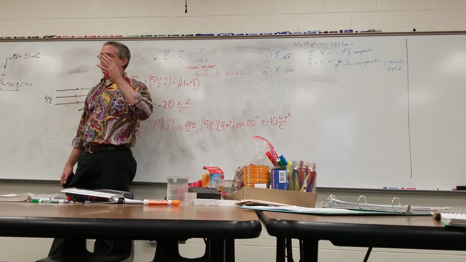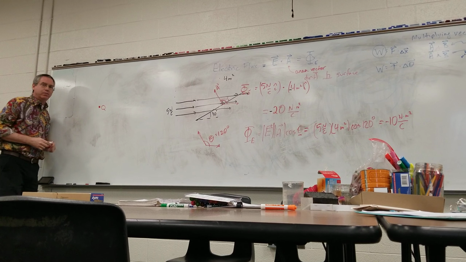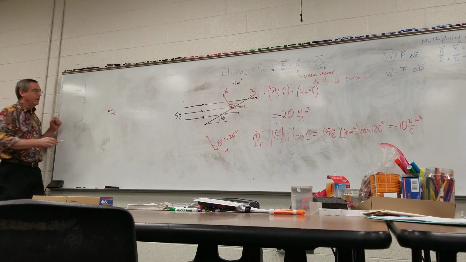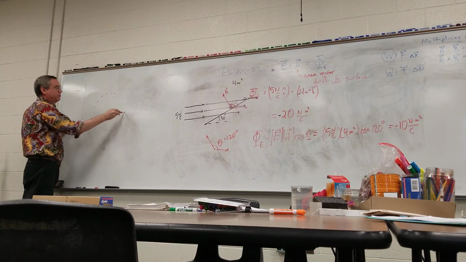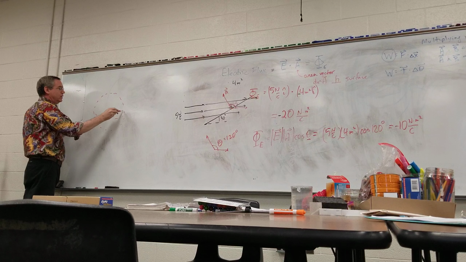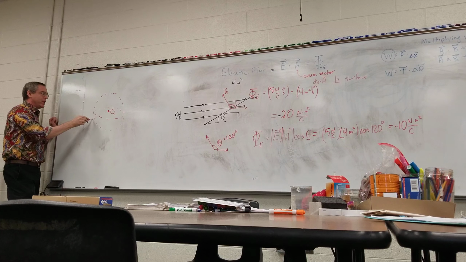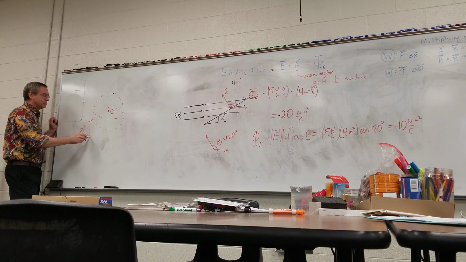All right, so I have a charge here, and we'll just cleverly label it Q. I'm going to imagine a surface here, a sphere surrounding it. This right here is known as a Gaussian surface. It's not a physical barrier.